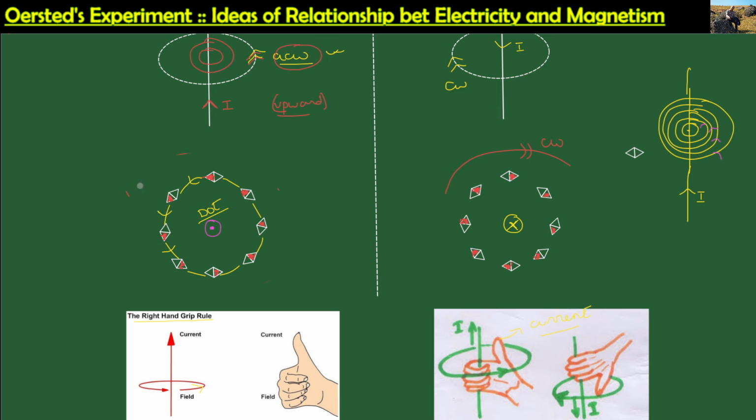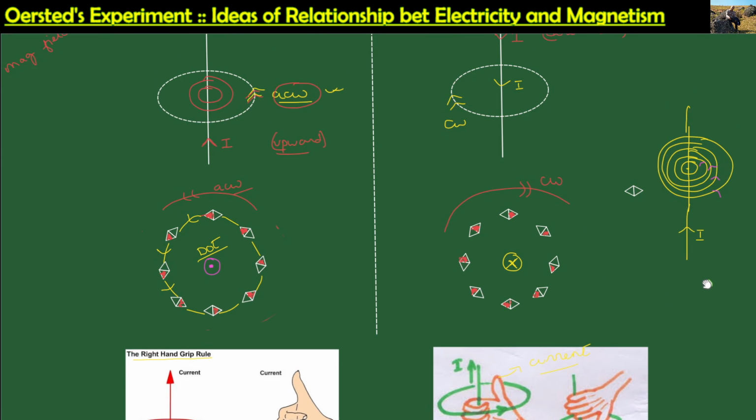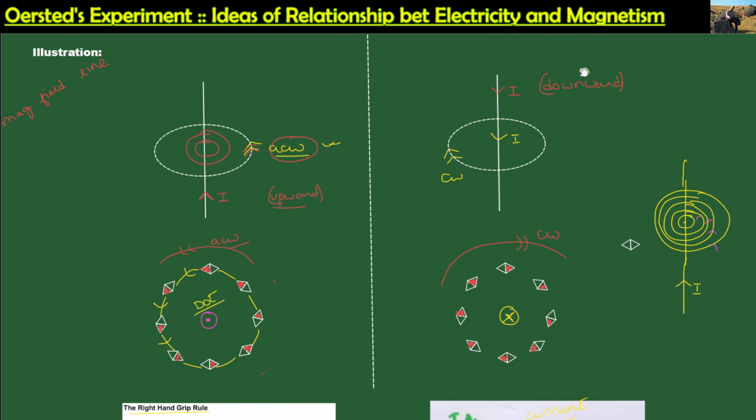Now, if the current is moving perpendicular and upwards, the direction of the magnetic field will be in the anti-clockwise direction.